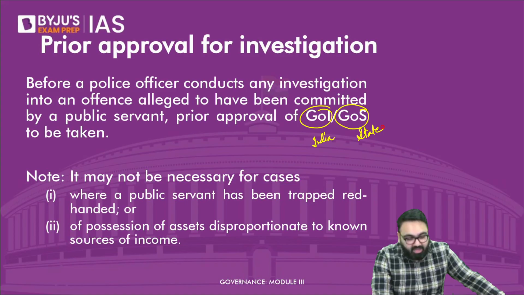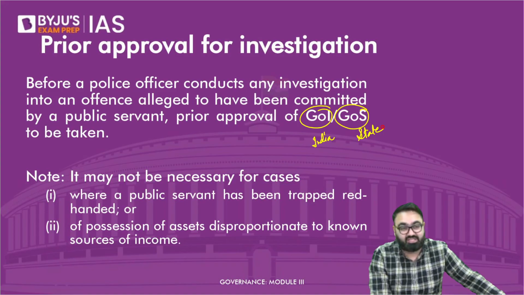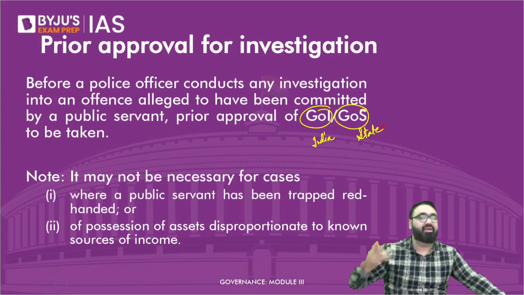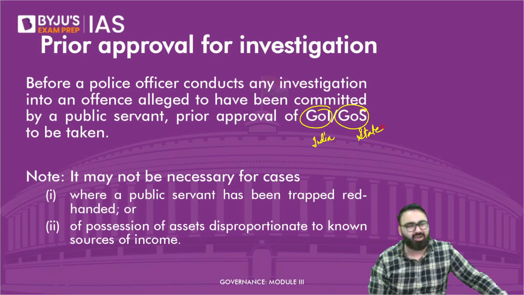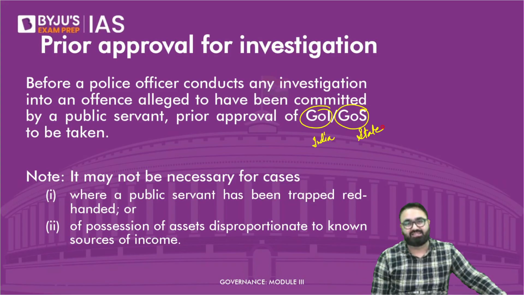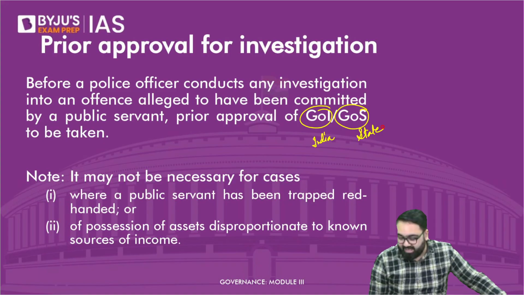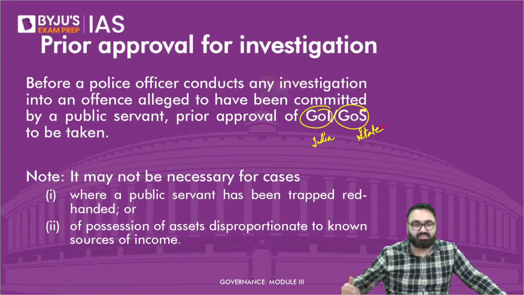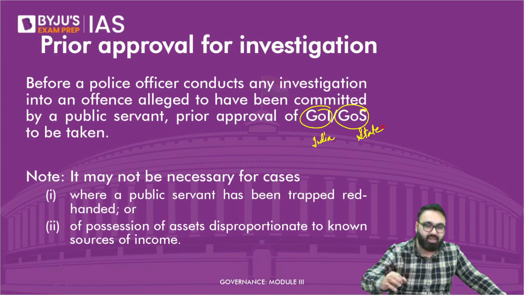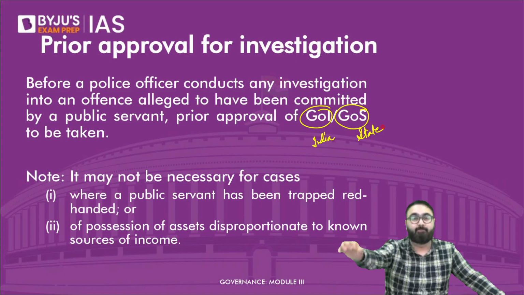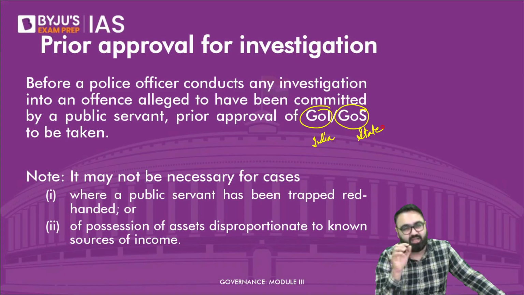The problem here is, whenever there are these kinds of cases or allegations against an officer that the government likes, an officer of the government's liking, government's choice, governments don't really want to start an investigation against them. See, the reality is, every single government or every single political party has, at the end of the day, certain officers that they really like.